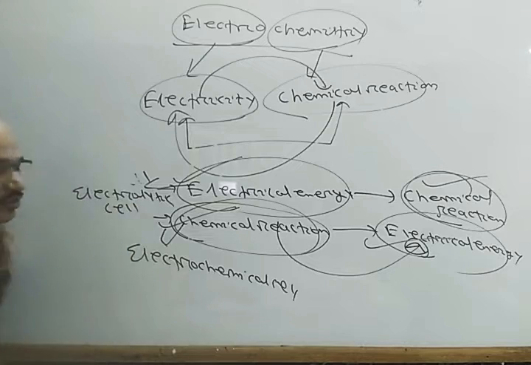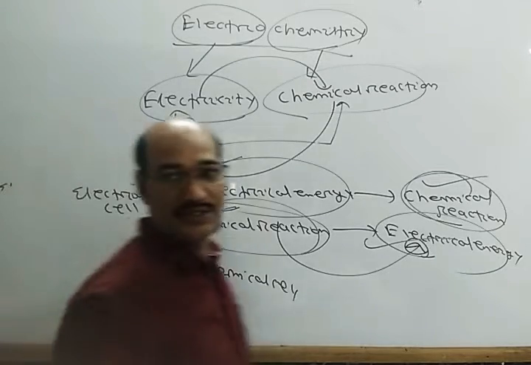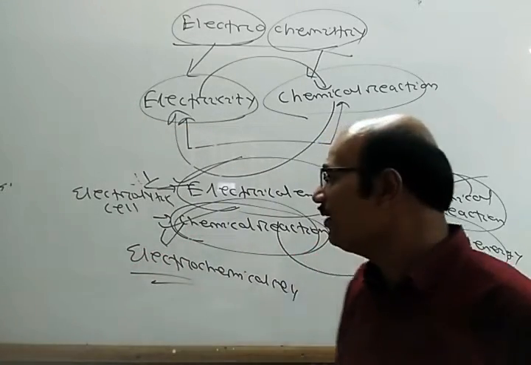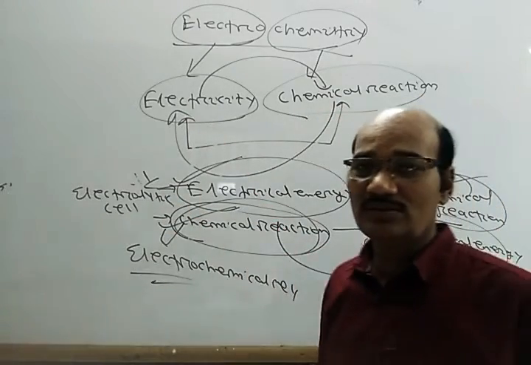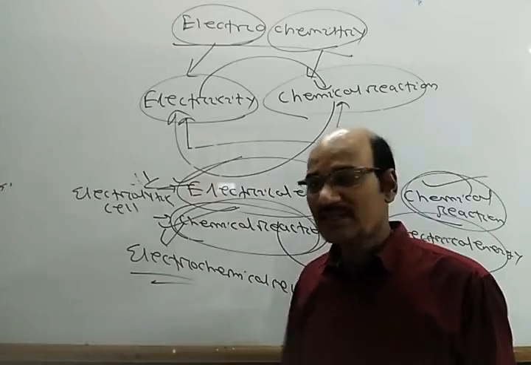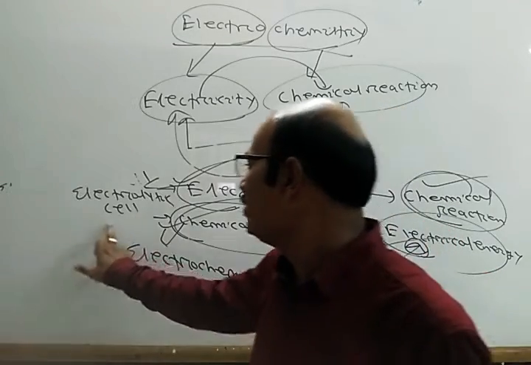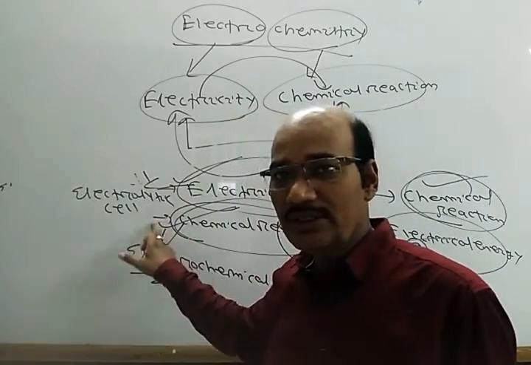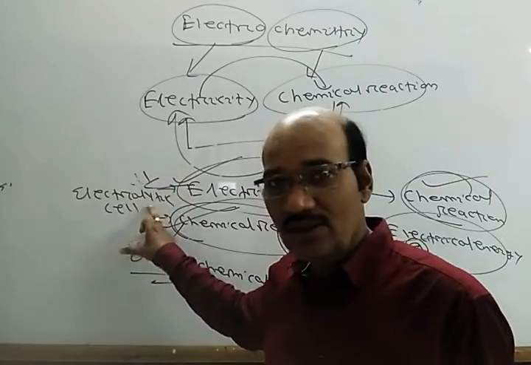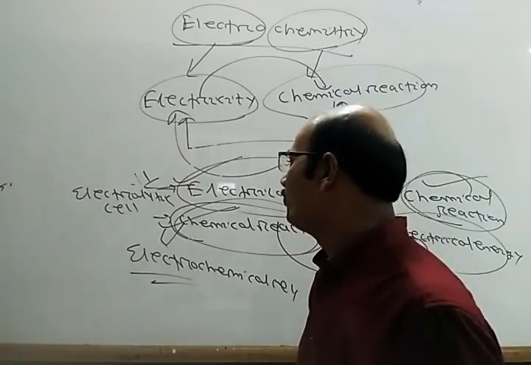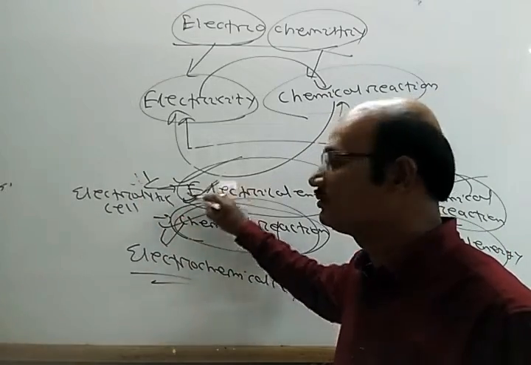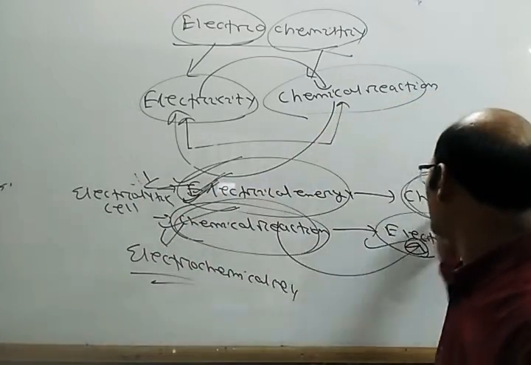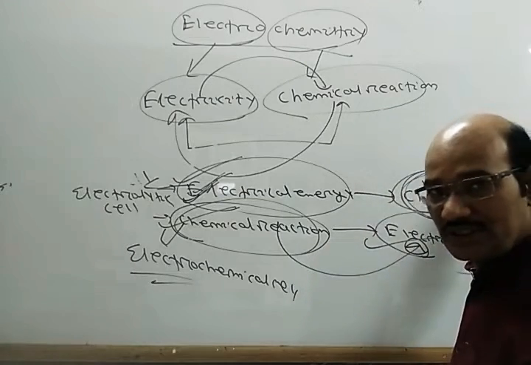So we have two processes carried out with the help of two devices. One is the electrolytic cell. In the electrolytic cell, we apply electrical energy and carry out different kinds of chemical processes.